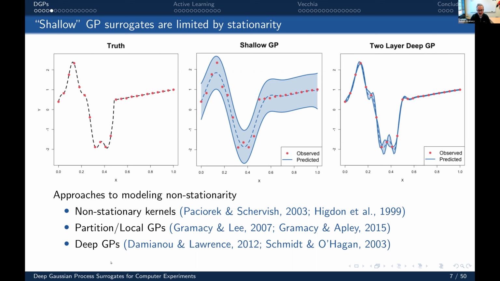And then what I'm going to tell you about here today has two origins. The oldest origin comes from the spatial statistics literature. There are actually a few papers on that, but I'm only selecting one here. So it goes back to the late 90s, early 2000s. And then more recently, the machine learning community has started to talk about these models. And they're the ones that actually coined the term deep GP.